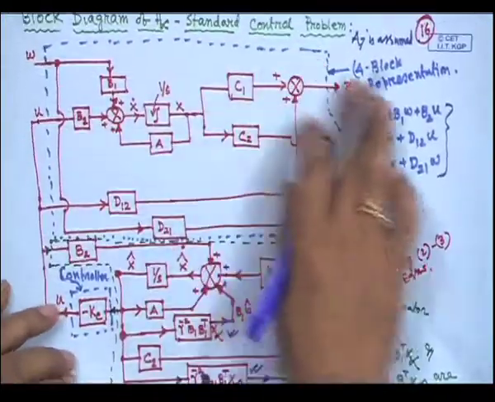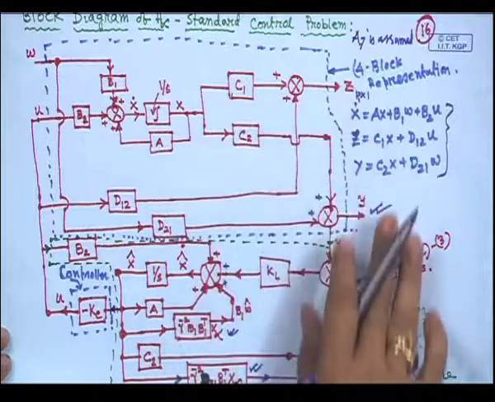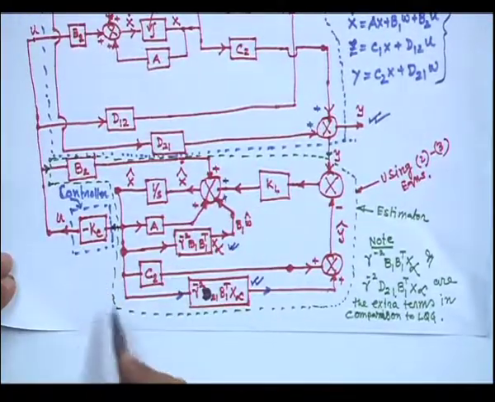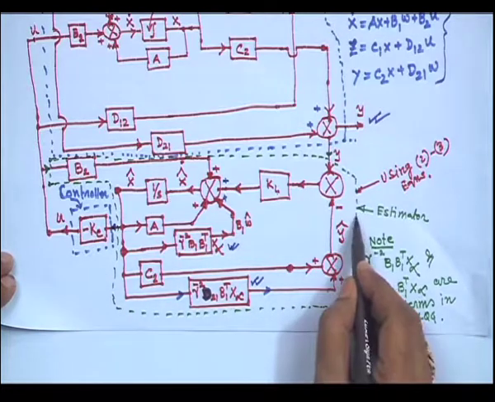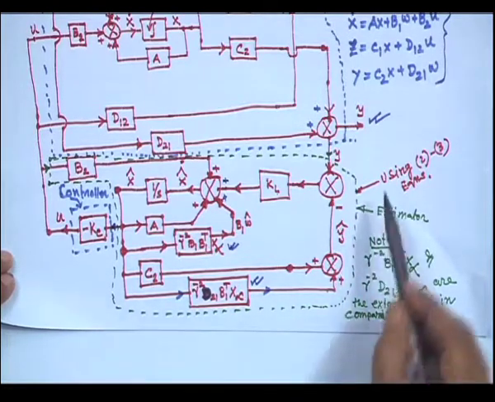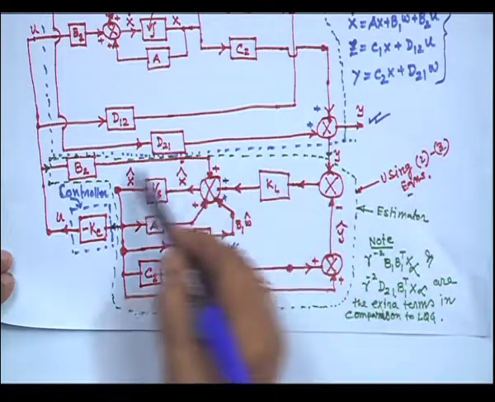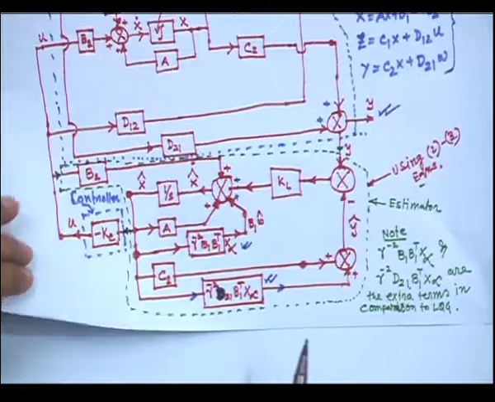This is the H infinity standard control problem structure-wise, this one estimator is there and this dotted block is called the estimator, and that is obtained using equations 2 to 3, this whole block is obtained. So, this is all about the course.